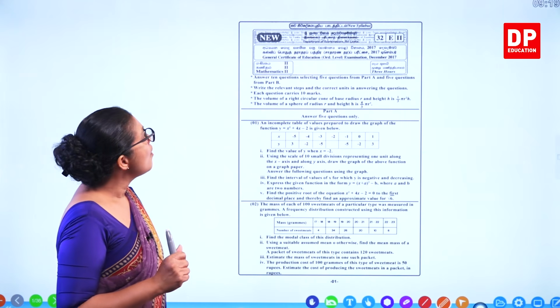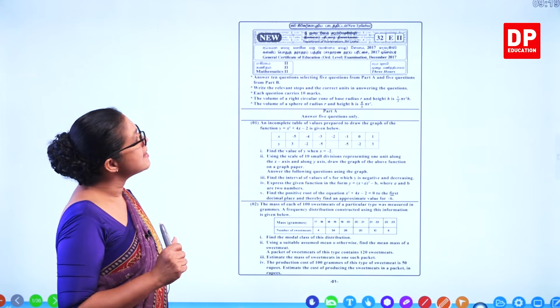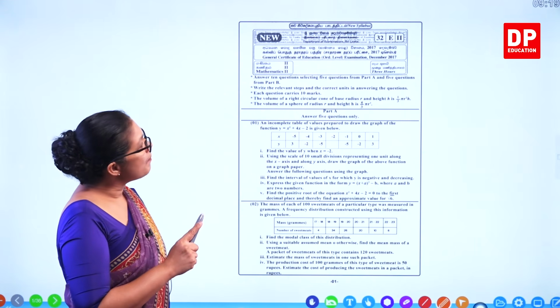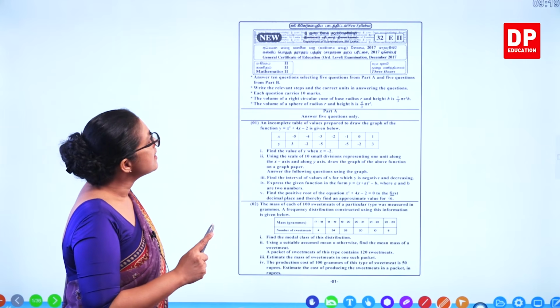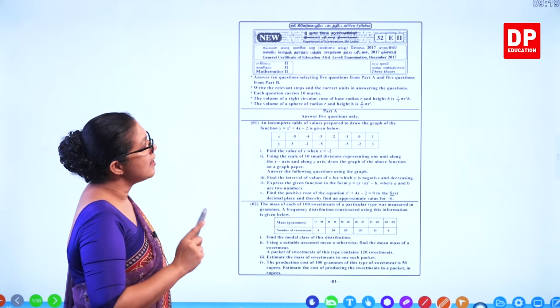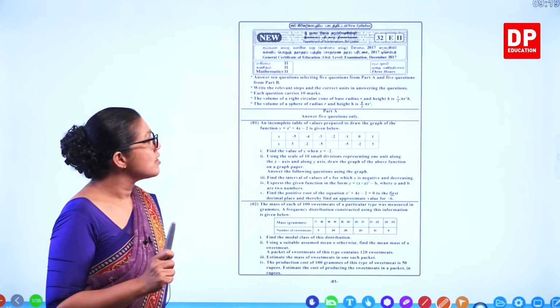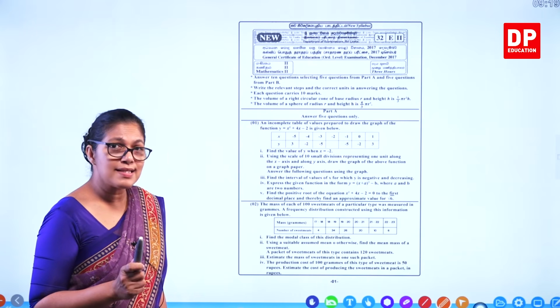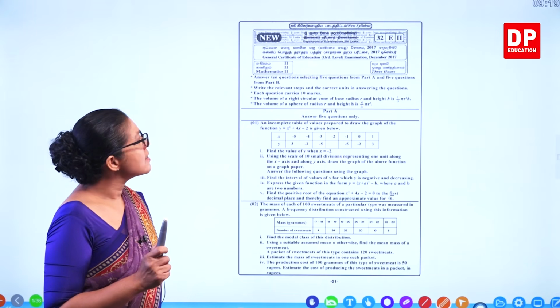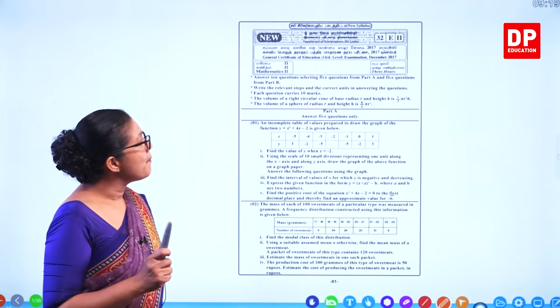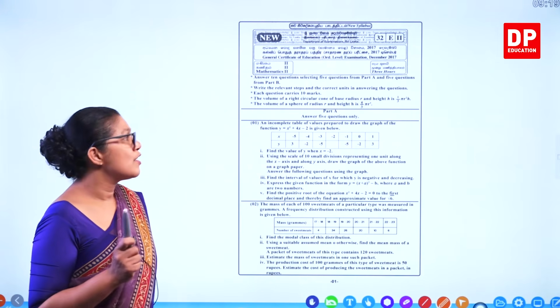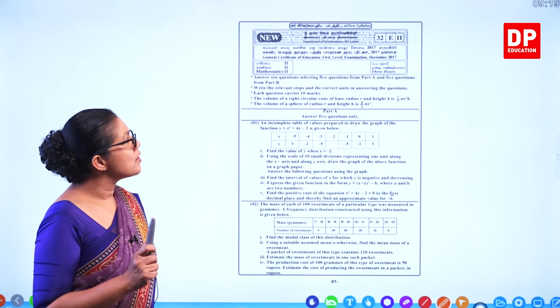So here when you read the instructions, it says 3-hour paper and 2 parts are there. In part A, you get 6 questions and you have to answer only 5 questions. Also in part B, 6 questions and you have to answer 5 questions.